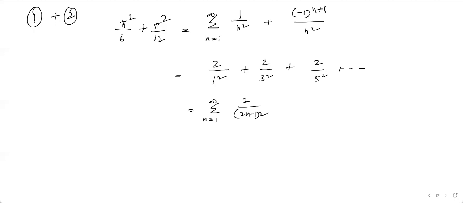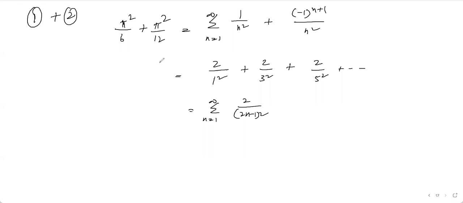And further simplifying it. So now that we got this, on the left hand side it is pi square by 8, multiplied by 2, and summation n equals 1 to infinity 1 by 2n minus 1 whole square.